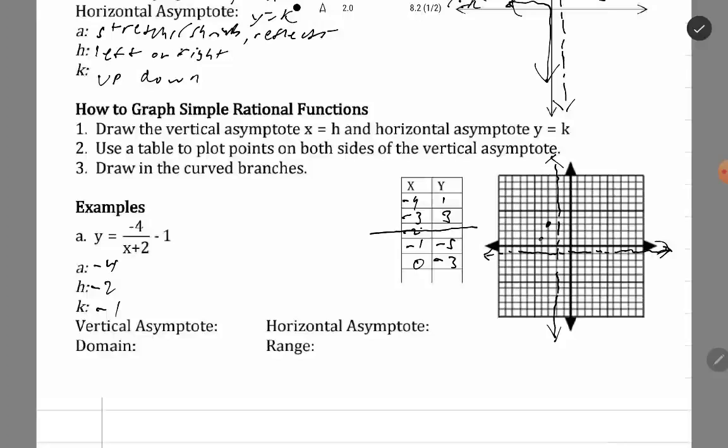So now we can see where our graph is going to go. And then down here, -1, -5, 0, -3. So look at that.